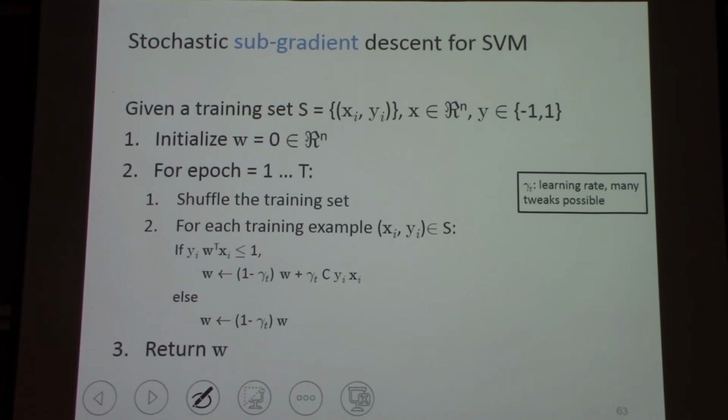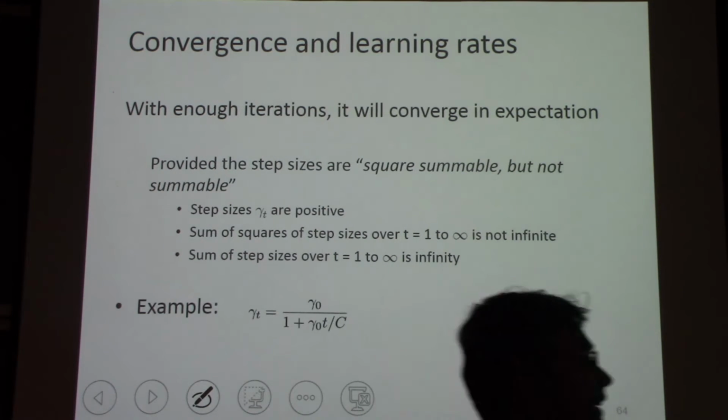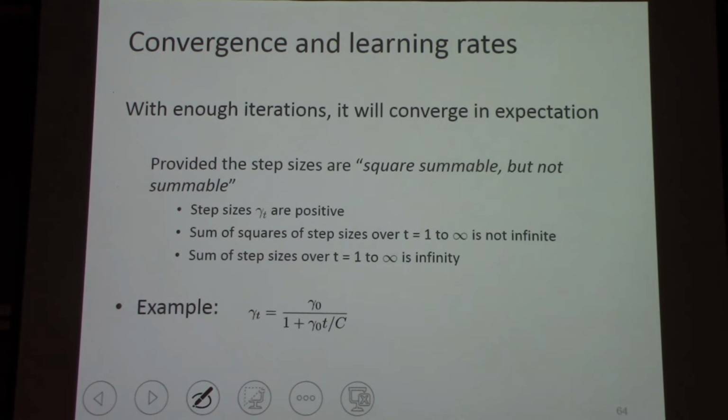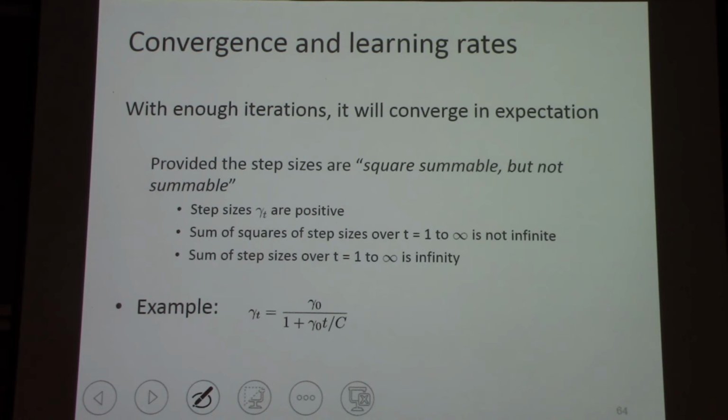Let me just add a couple of other points. There was a question about the learning rate. Who gives you the gamma t? Many ways of doing this. The theory for stochastic gradient descent tells us that any schedule for learning rates is okay, provided it's square summable but not summable. What that means is every step size should be positive, and the sum of the step sizes should be infinite, but the sum of the squares of the step sizes should not be infinite.